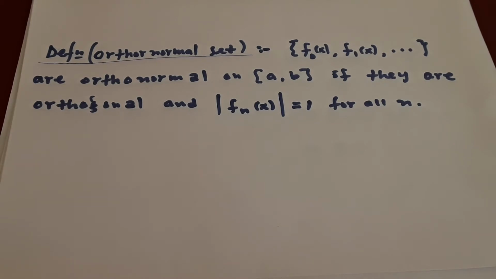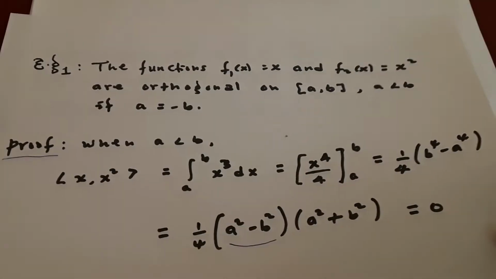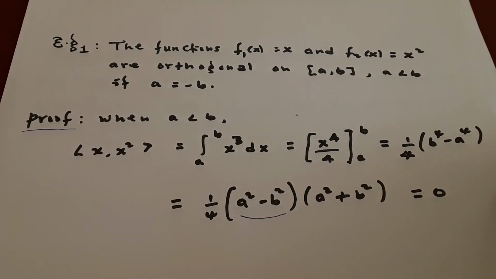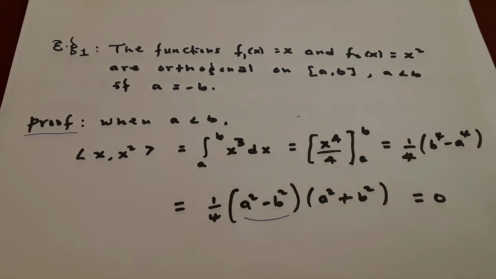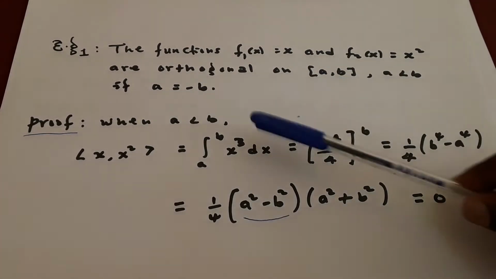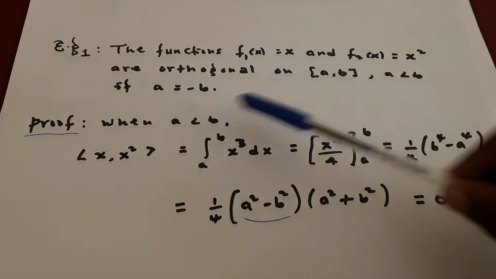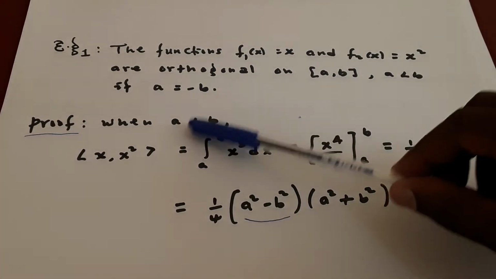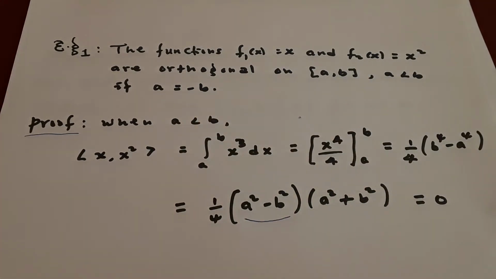So I think it's better to develop the idea through instances. We have this first example, the functions f1 and f2. f1 is x, f2 is x squared, and they are orthogonal on [a, b] where a is less than b, if a is minus b, you mean.